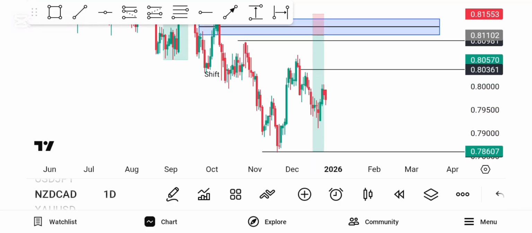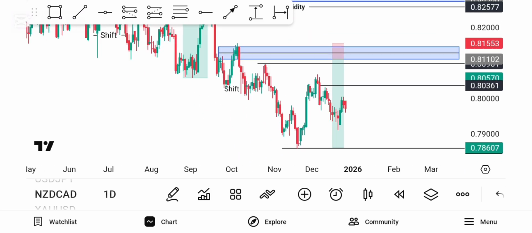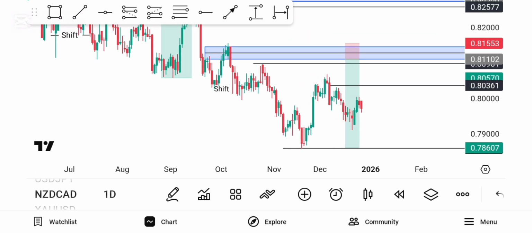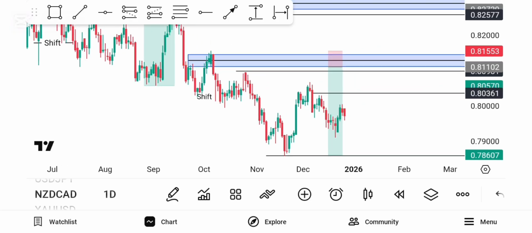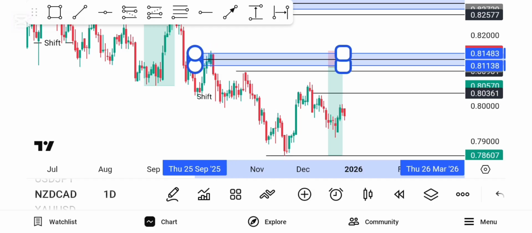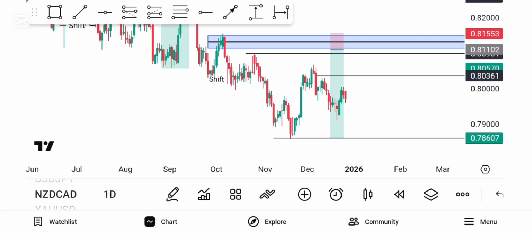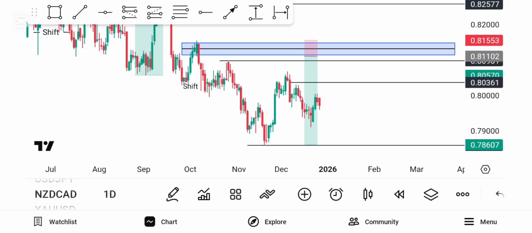That's what I'm expecting from New Zealand USD. It's just for you to go back and backtest to know what works for you. Then you use it. So that's my expectation on New Zealand USD.